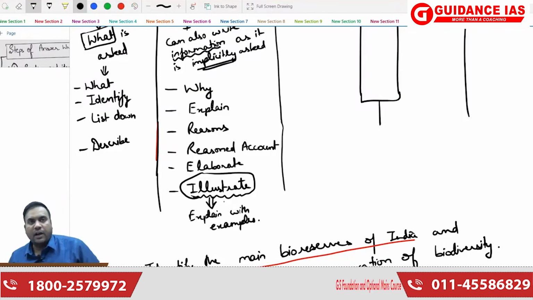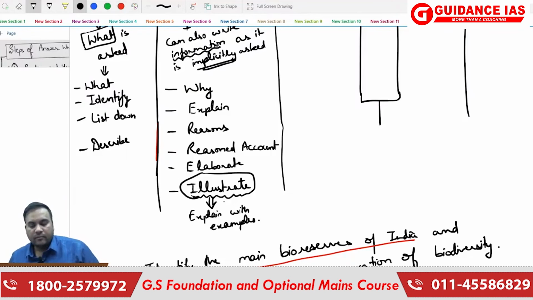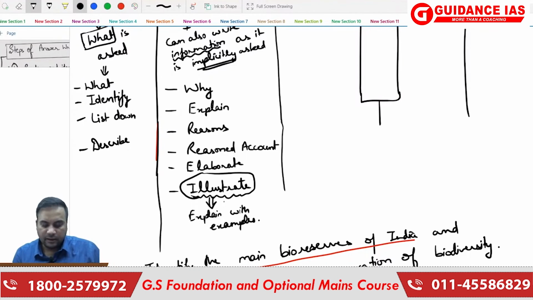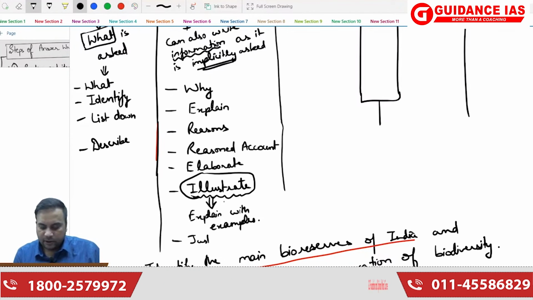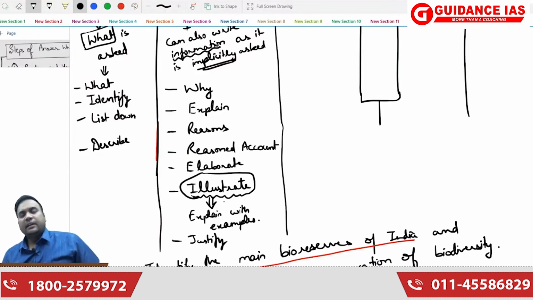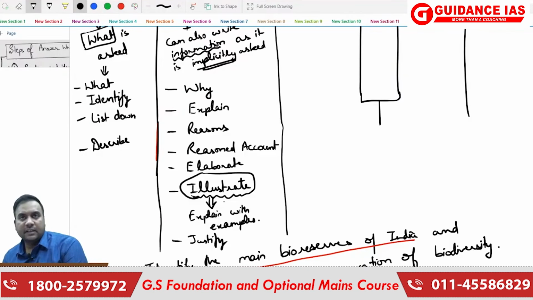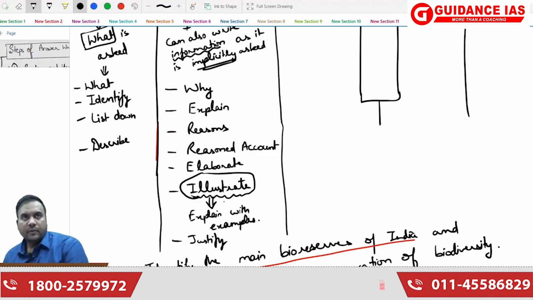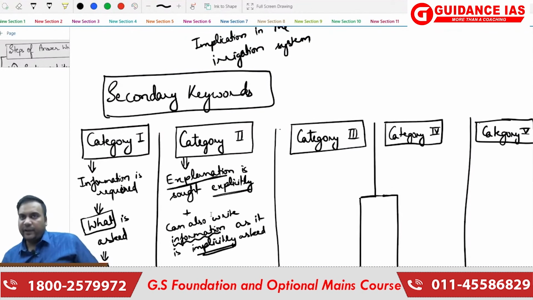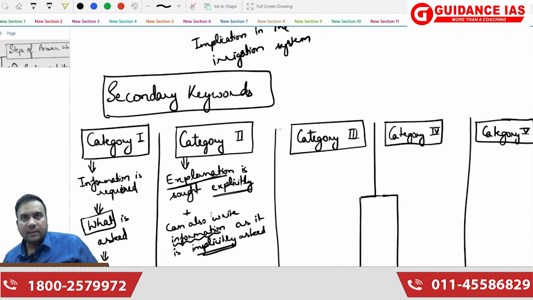You have to justify something. Okay, so all these keywords are falling under this category. Justify is also one such keyword. So that is the second category keyword. When there are keywords of this kind, clearly the weightage would be increasing. Okay. Difficulty level is also increasing simultaneously.